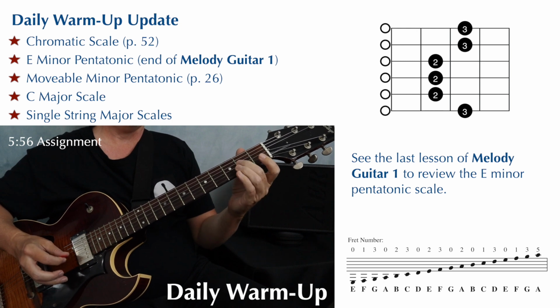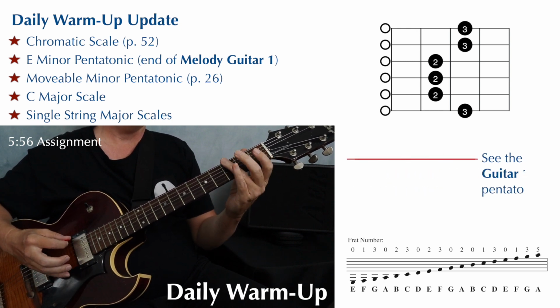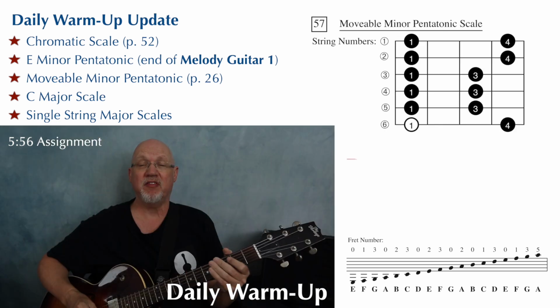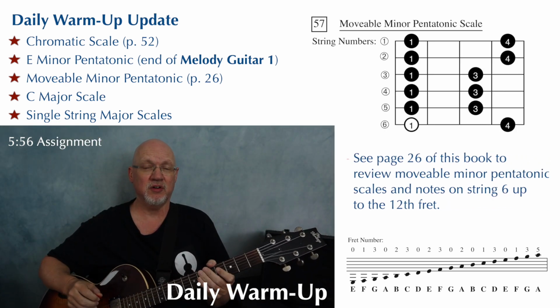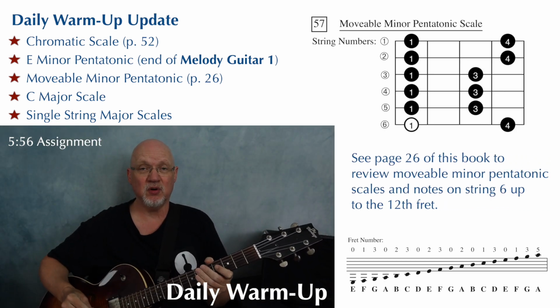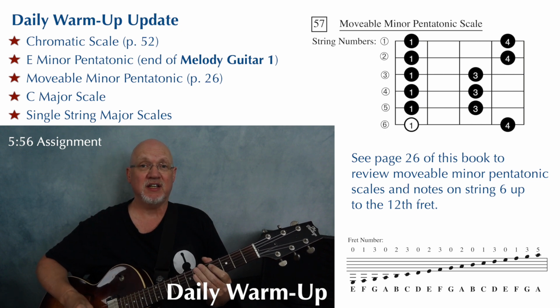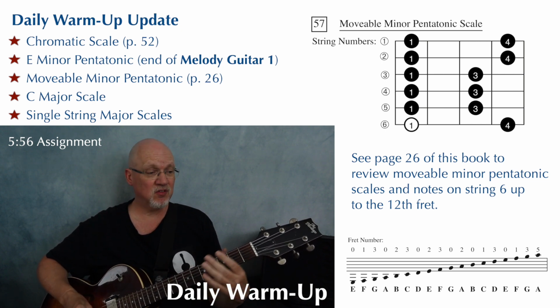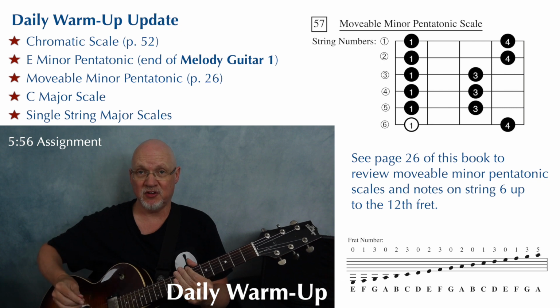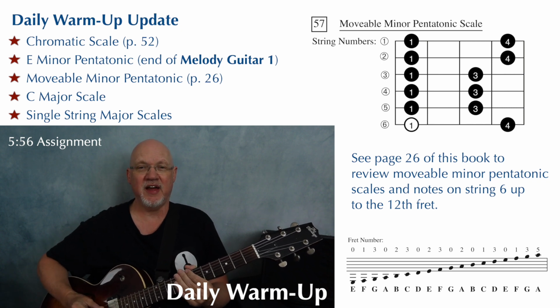We have the movable minor pentatonic scale that you learned on page 26 in this book. When you practice this scale, make sure you play at least 3 times, low, medium, and high, and name your starting note. I'll just do this once on an A on the 5th fret.